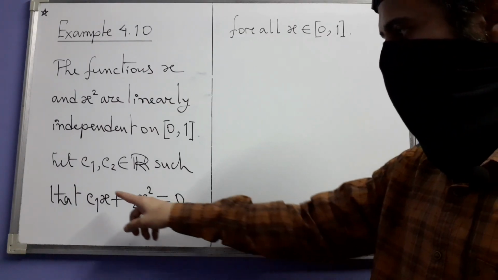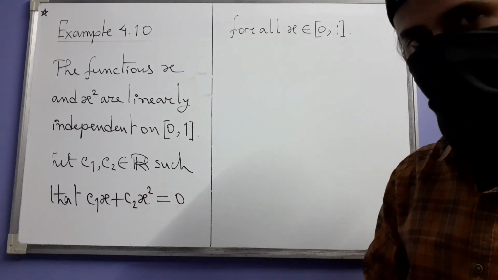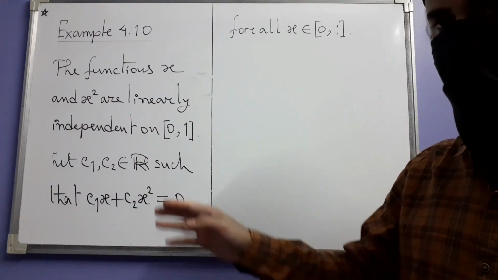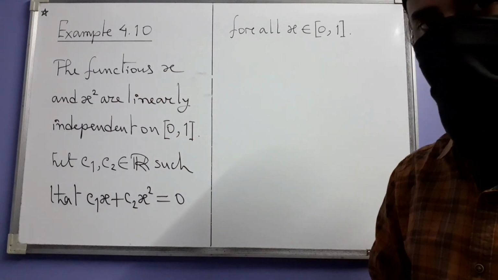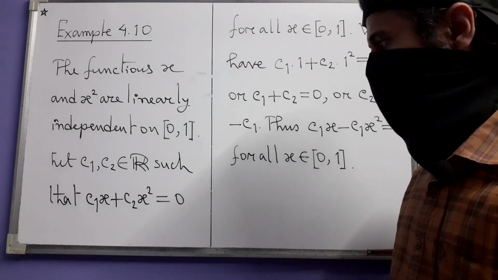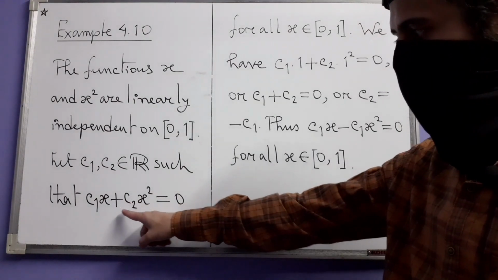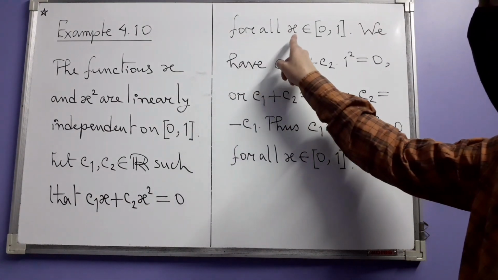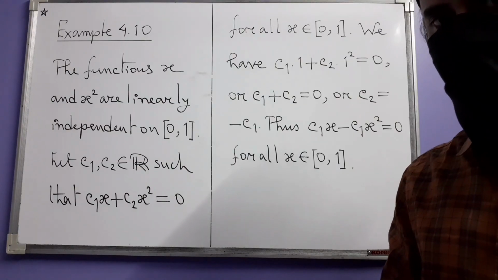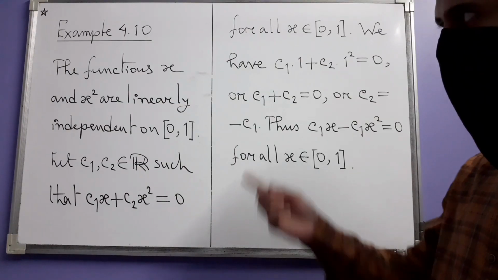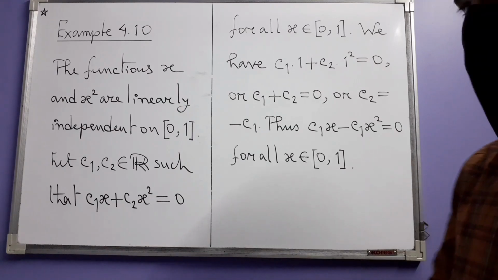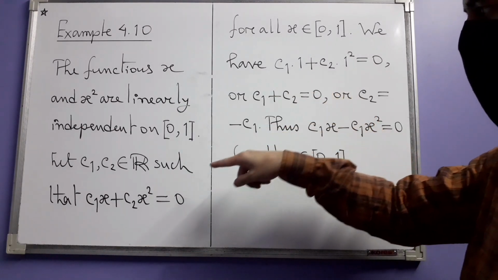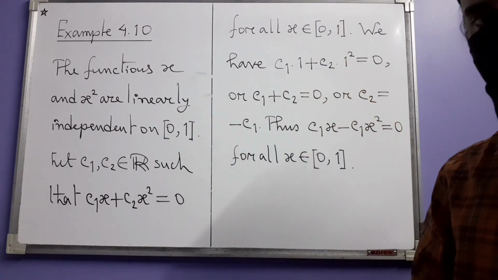Now, if we can show that c1 and c2 both have to be equal to 0, then that means these two functions are linearly independent on this unit interval. The fact that we have assumed that this is equal to 0 for all x in this interval means that we can put some specific value of x from this interval here, and then this should be true. In particular, we can take x equal to 1 because that's available to us.